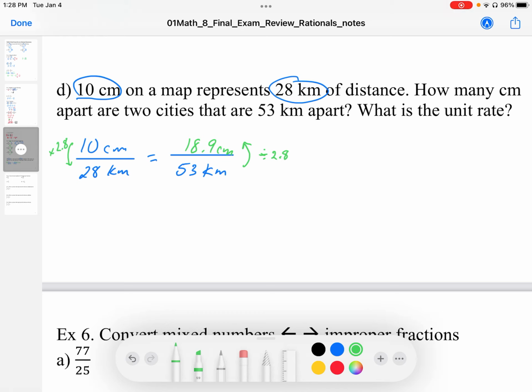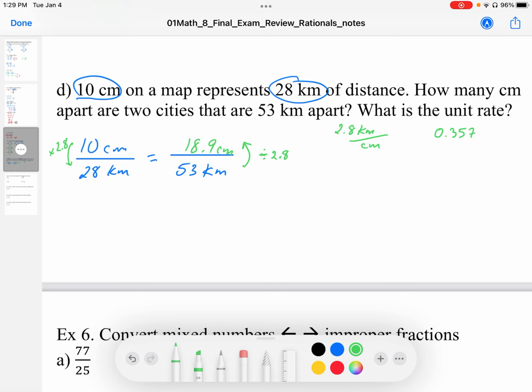Now, we can write this as a unit rate. That 2.8 is actually 2.8 kilometers, since we divided kilometers by centimeters, kilometers per every centimeter. That's the unit rate going from top to bottom. We also have an equivalent unit rate going in the other direction. If I divide the other way, 10 divided by 28 gives me another unit rate. In this case, it's going to be 0.5357, converting this to a decimal.